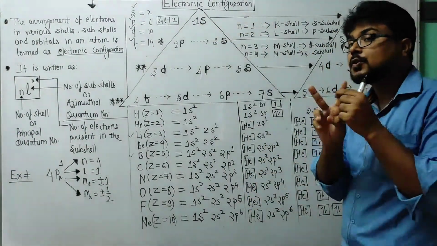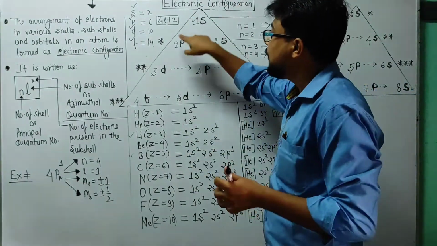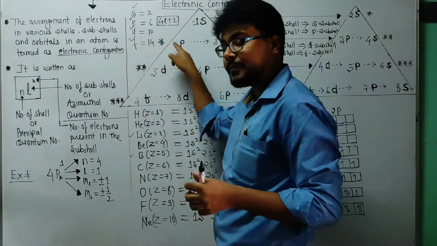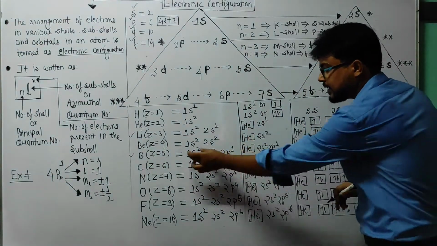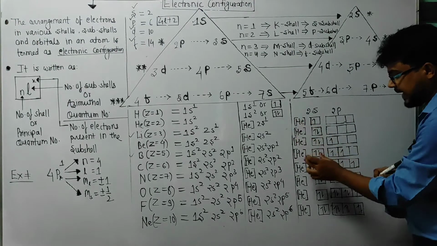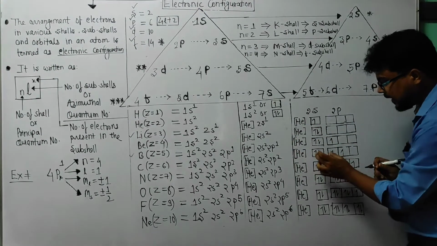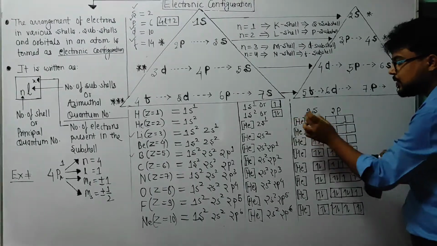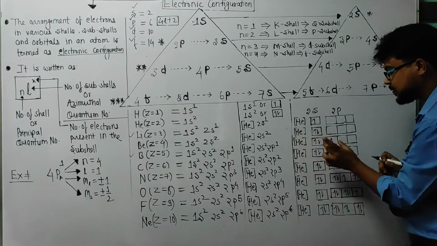I use 4 electrons out of 5, so the remaining 1 electron will enter p, because after filling this I will come to this line. So for boron, 1s2, 2s2, 2p1, or helium 2s2 2p1. Here 1s2, 2s1; here 1s2, 2s2; here 1s2, 2s2, 2p1.